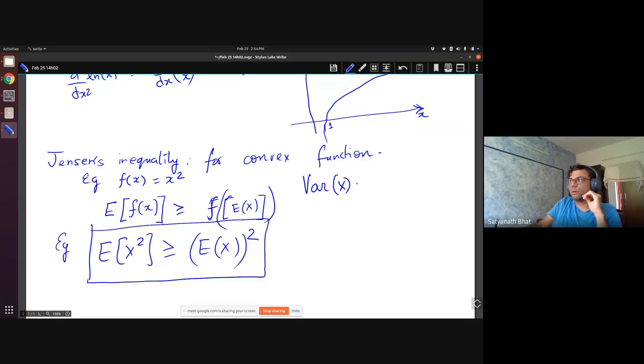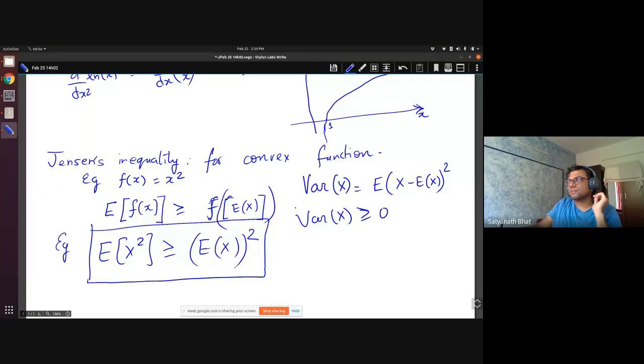So variance of x, if you remember, has two formulas. One is expected value of x minus Ex whole squared. Using this formula, I can understand that variance of x is always greater than or equal to 0. Is that okay?